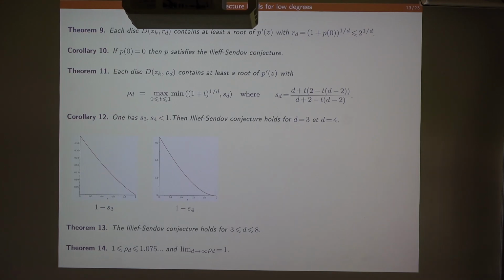After, the question is whether the conjecture holds for degree 3, 4, 5, etc. And in fact, we can prove by a very technical proof that the Ilieff-Sendov conjecture holds for degree between 3 and 8.